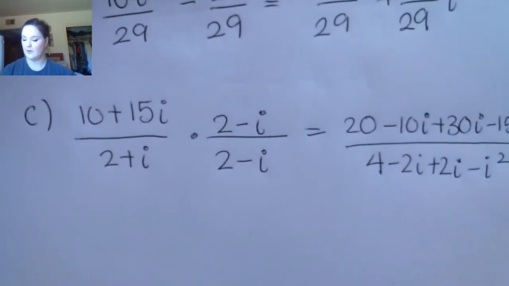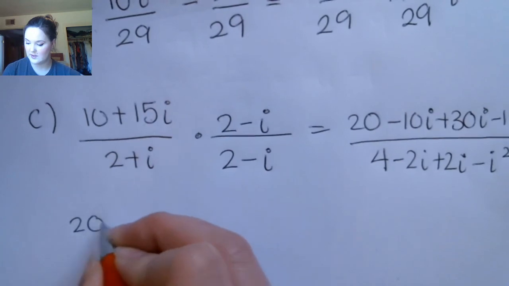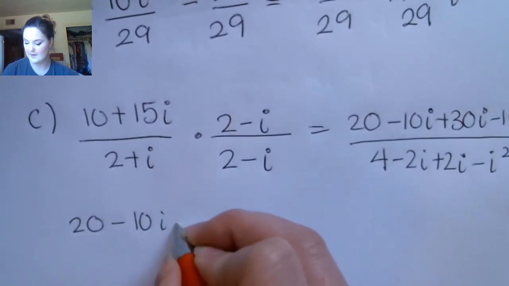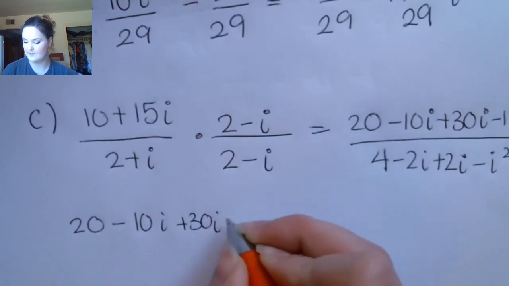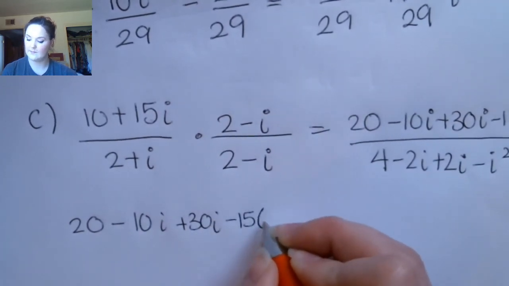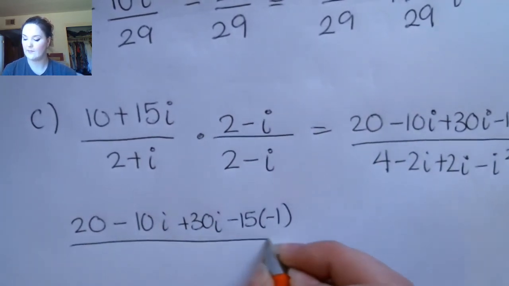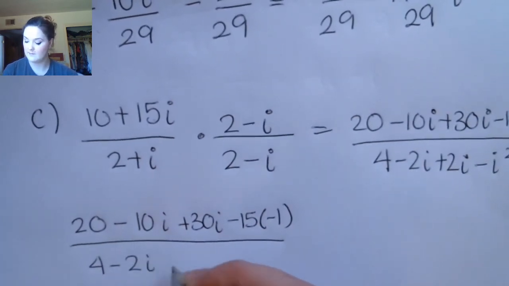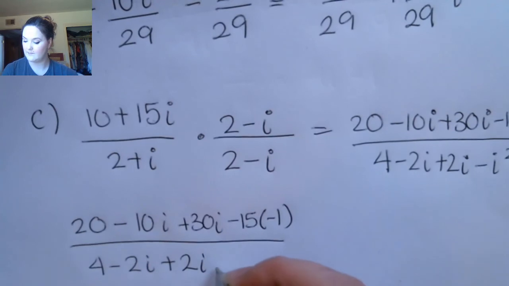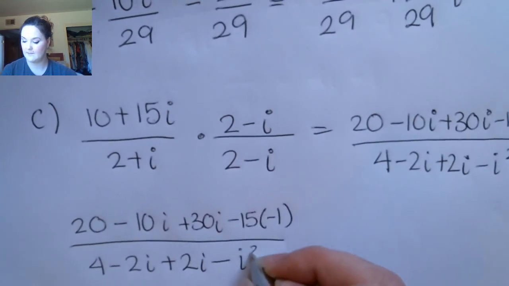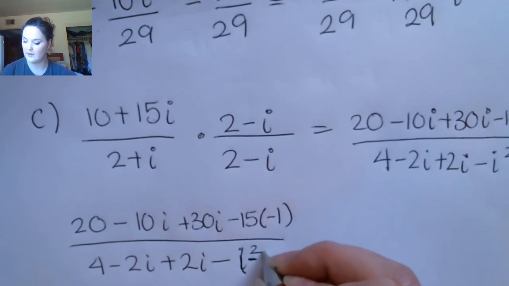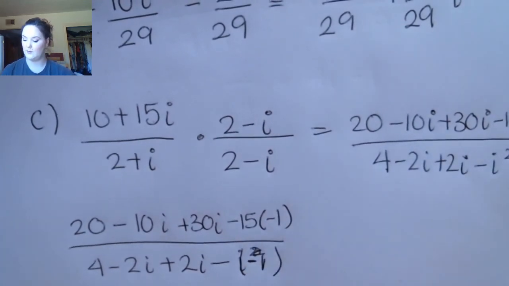Now we're going to simplify by changing those i squareds into negative ones. Oops, that is a negative 1 now. That was the whole point of this step.